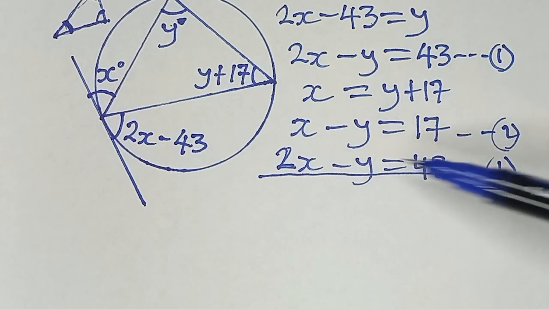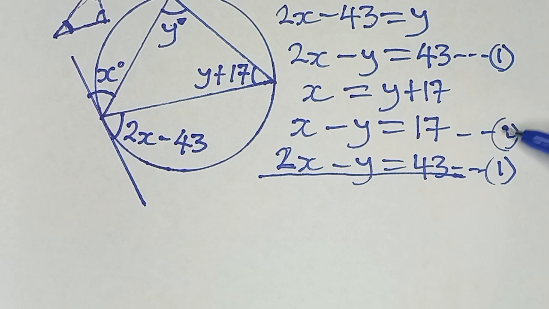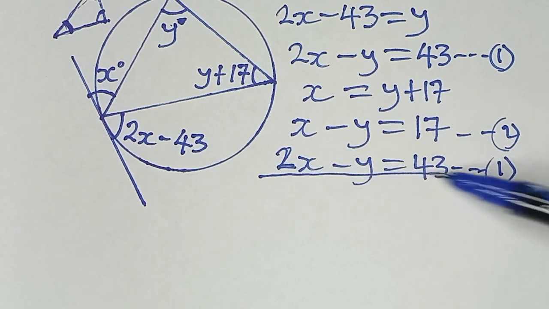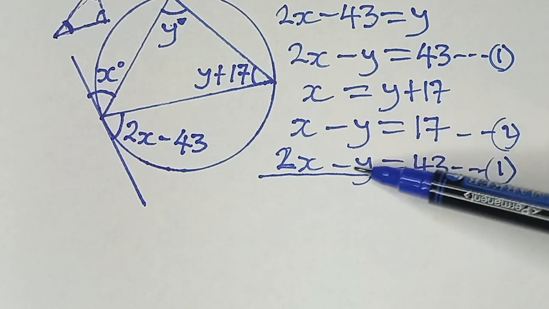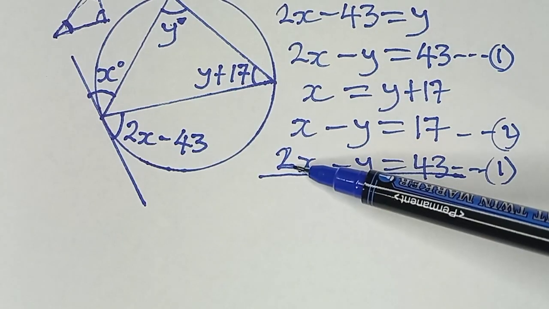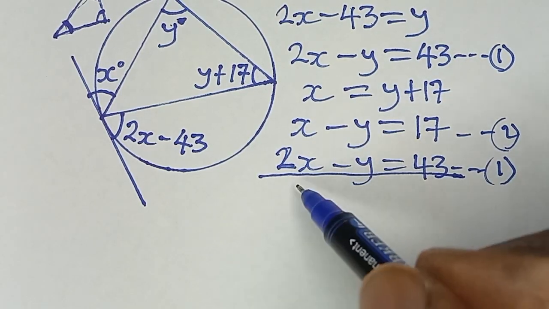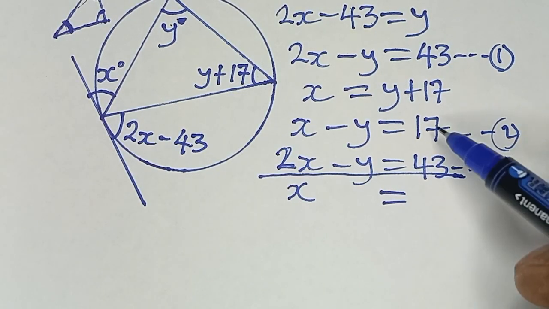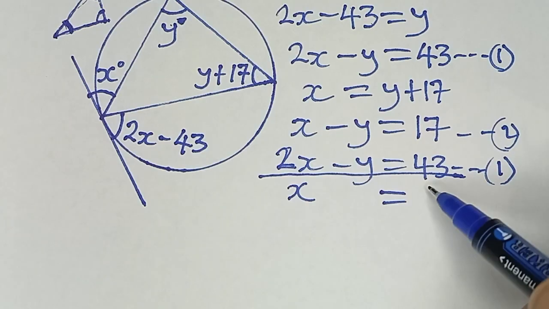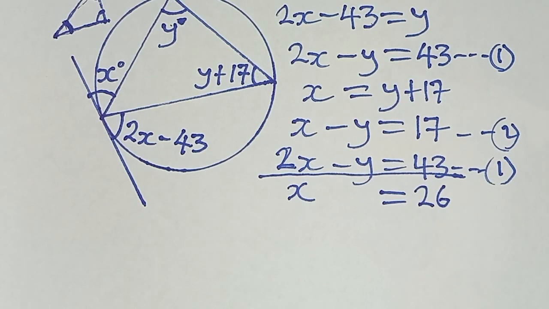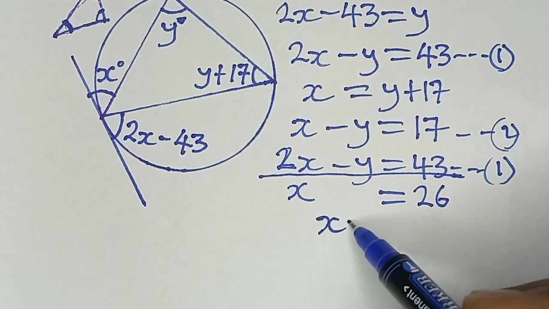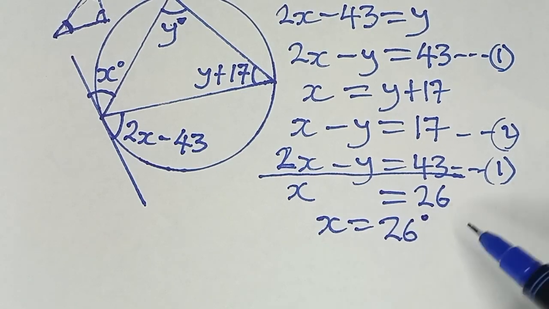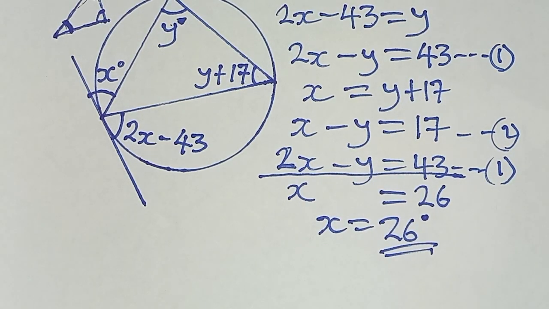Don't forget, I'm using equation 1 minus equation 2 because the values of equation 1 are greater than the values of equation 2, so I don't want a negative value. 2x minus x, I'll be left with 1x, and that will be equal to 43 minus 17, which gives me 26. So the value of x is equal to 26 degrees.